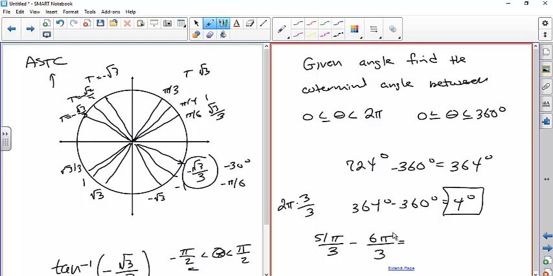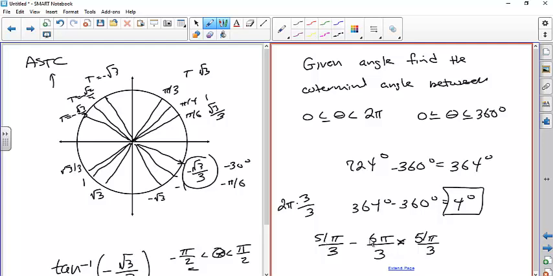Or if you wanted to do it a little faster, instead of doing it one at a time, you could think, what number multiplied by 6 would give me a number that's less than 51, but close to 51?